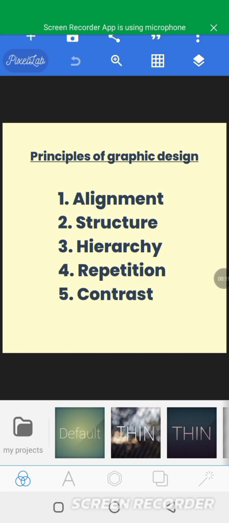So let's start. The first one, and I will say one of the most important principles of graphic design. Like you want to design now, one of the most important things that you must take note of in your design is the alignment. You see, if you want to design and you disregard the alignment part of your design, then you're actually going to design rubbish. No doubt about that.